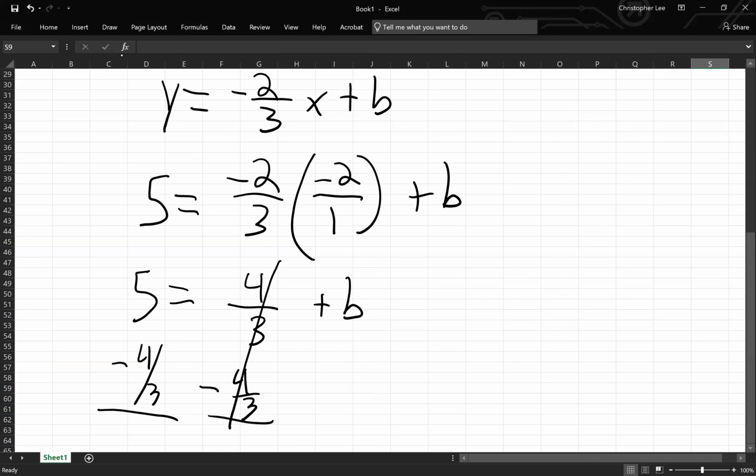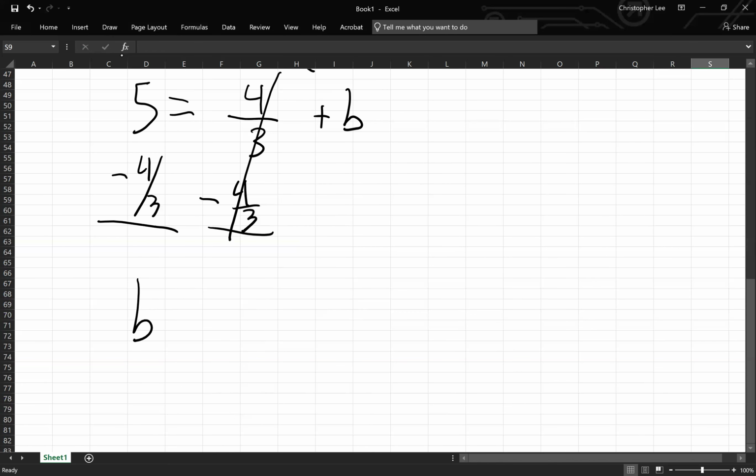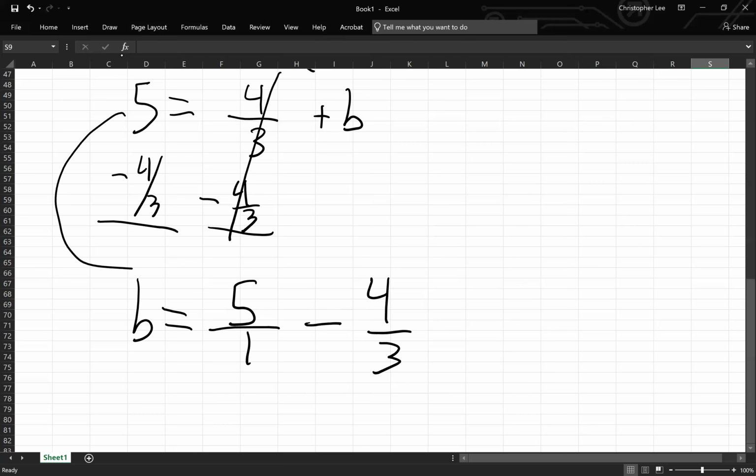So now b is equal to 5/1 minus 4/3. I subtracted it from both sides to get rid of it. So how do I subtract fractions again? I forgot.